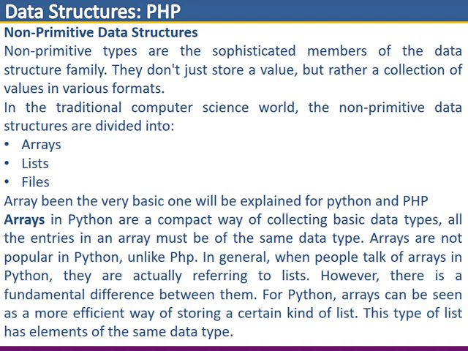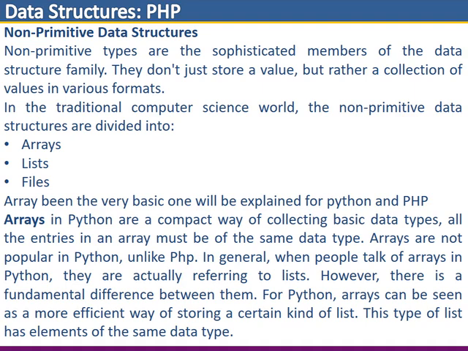Arrays in Python, which we have discussed in 201, are a compact way of collecting basic data types. All the entries in an array must be of the same data type. Arrays are not as popular in Python as in PHP.